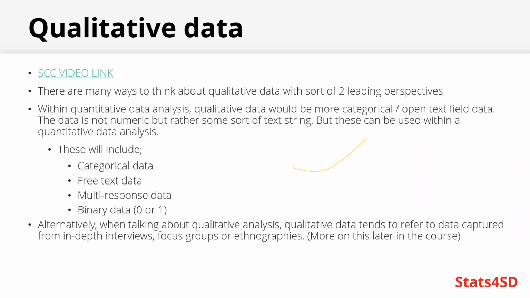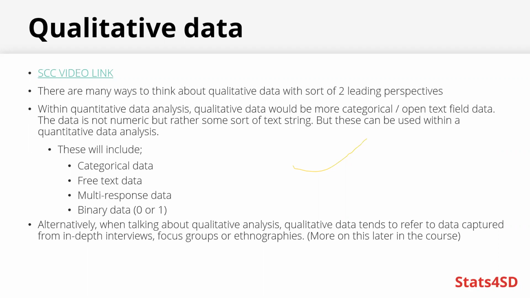So with qualitative data, there's a couple of different ways you can think about it. Either you could consider qualitative data as including things like categorical data and free text data, where the question being asked is not looking for a number, it's looking for some form of text.